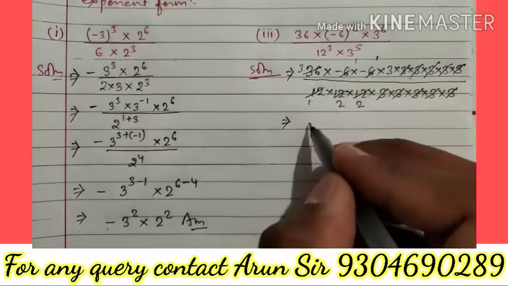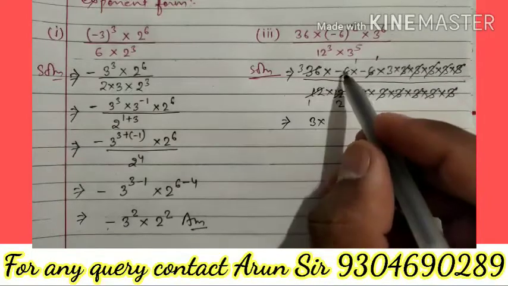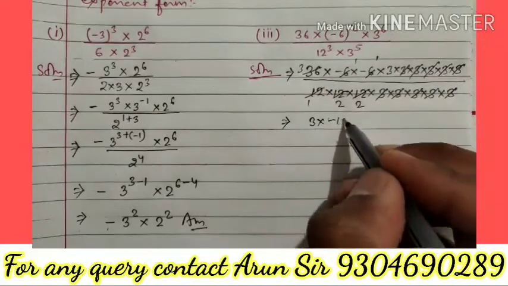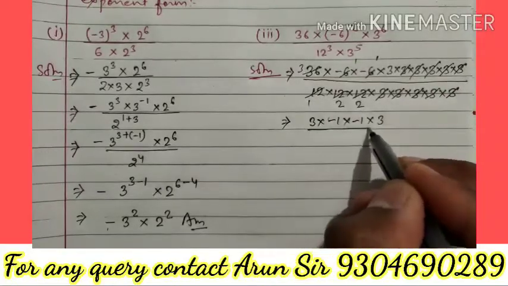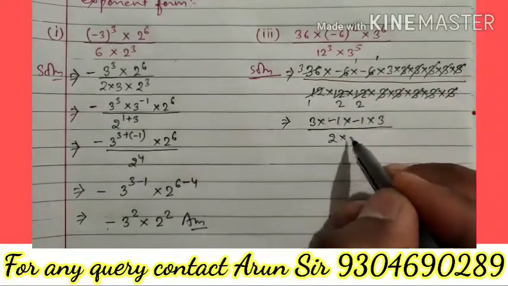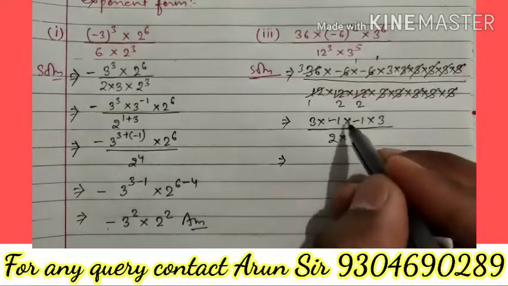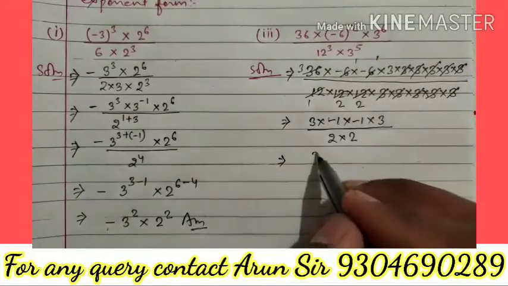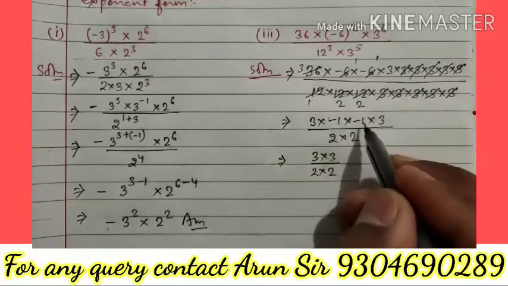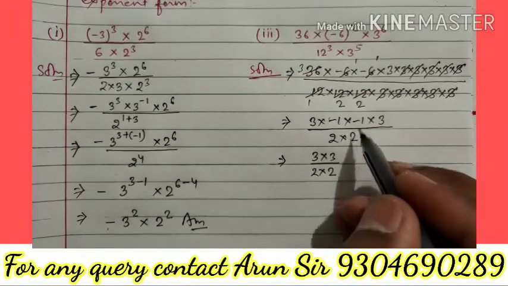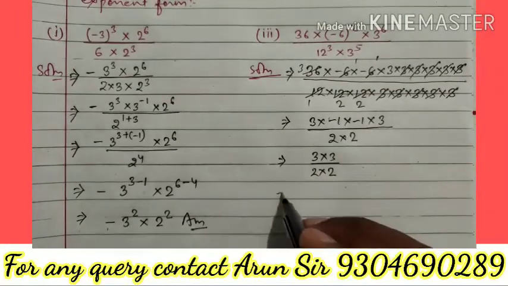What is left in the numerator? 3 into minus 1 into minus 1 into 3 by 2 into 2. Here minus into minus is plus, so 3 into 3 by 2 into 2 we can write, because minus 1 into minus 1 is plus 1, and plus 1 we need not write.